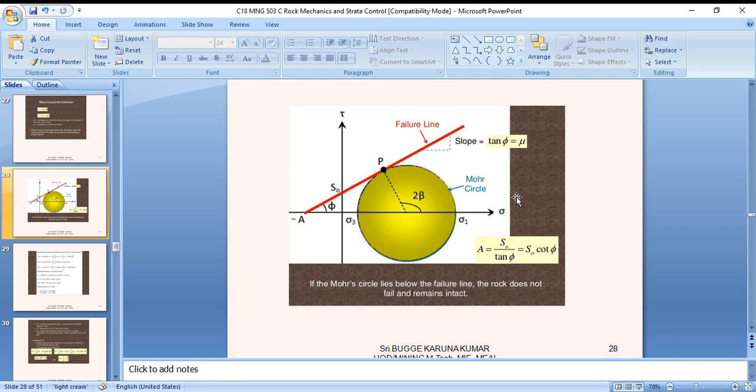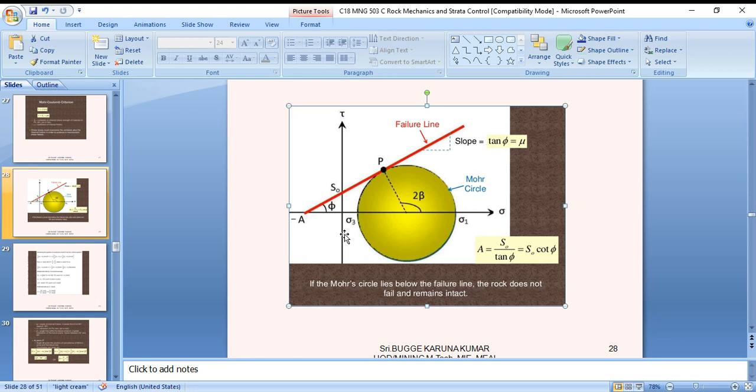Here the circle is showing the Mohr circle, with the major principal stress and the minor principal stress. In this Mohr's circle of stress, the failure line is showing that. Tan alpha is equal to mu.